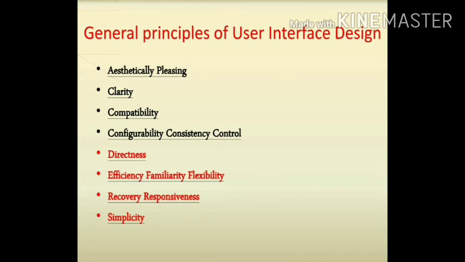A system should be easily learned and understood. A user should know what to look at in the interface, what to do, when to do it, where to do it, why to do it, and how to do it.